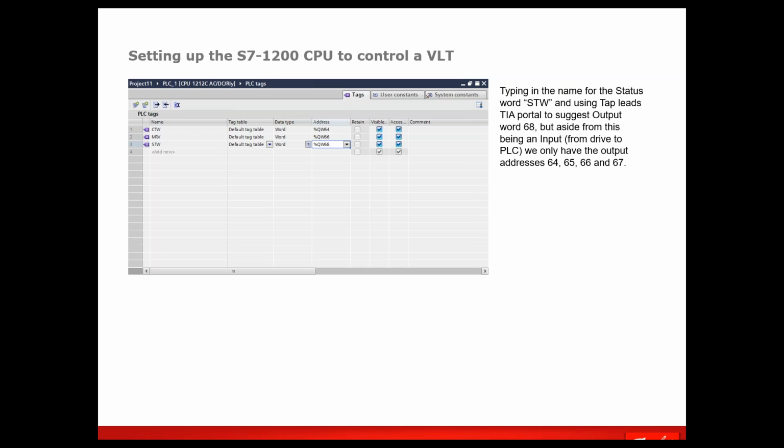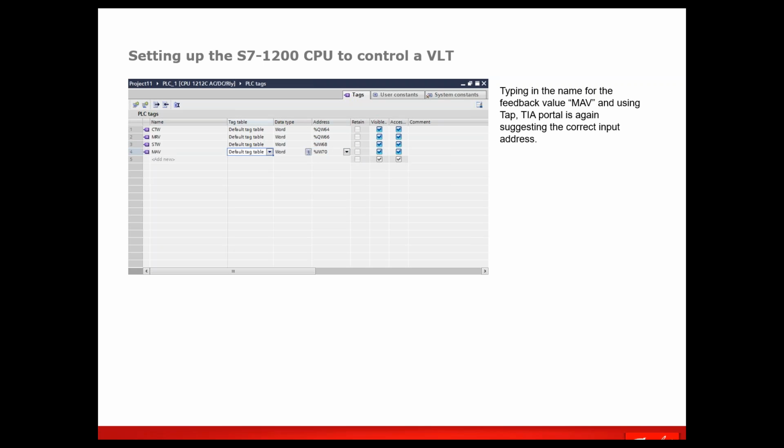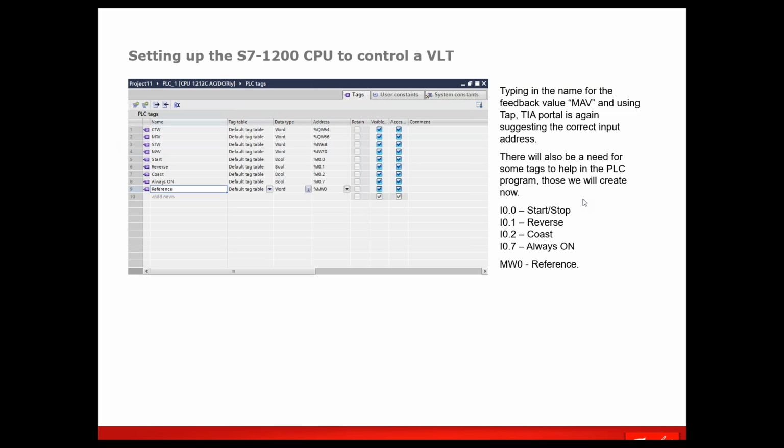Then we're going to set up to read the status word. And this is going to be an I from the drive. So it was addressed as I-68, and then I-70 for the main actual value, the speed the drive is running. If you're not sure, again, you can always go back and look at the drive and look at the assignment that we did when we chose the PPO type.